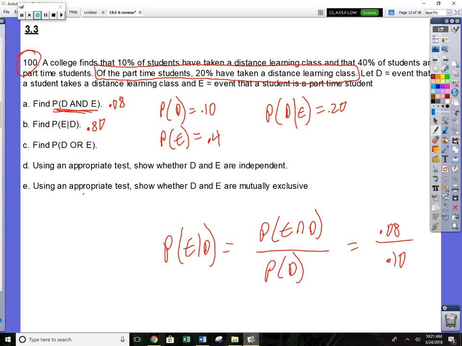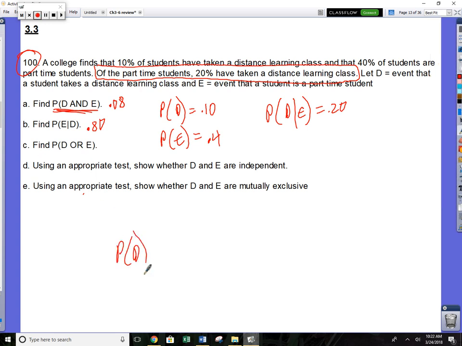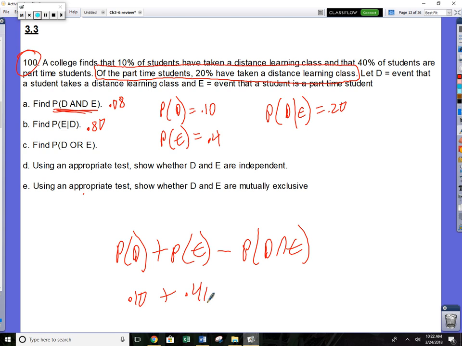The chance of a union, the chances of OR, are the chances of D, add the chances of E, subtract the intersection of D intersect E. So 0.1 plus 0.4 minus 0.08, and we should get 42%.